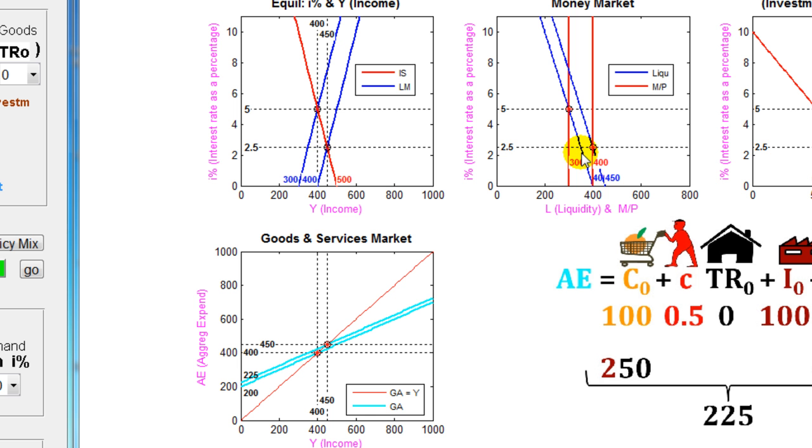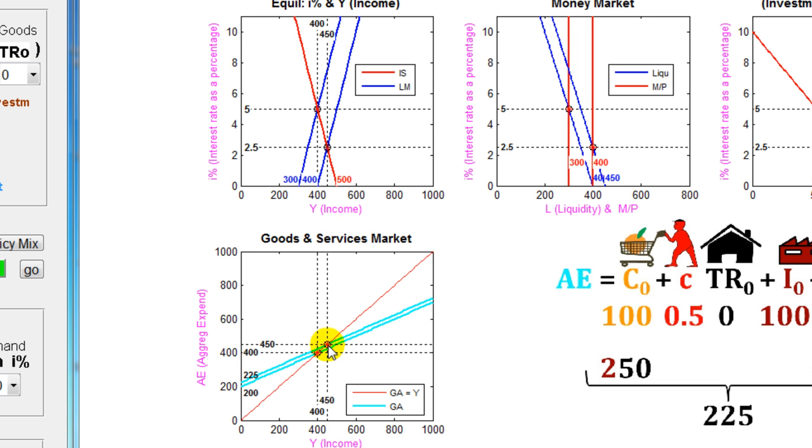So this value has to be 2.5 because we come from the money market in equilibrium, and this point has to be 450 because we come from the goods market in equilibrium, which is the AS curve.